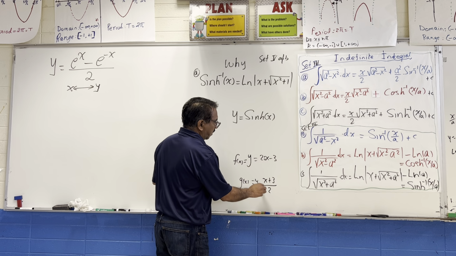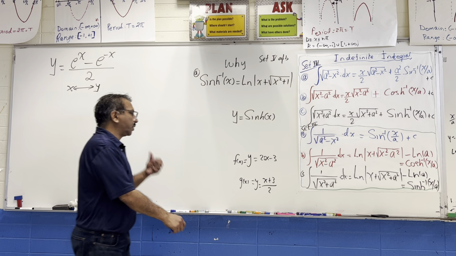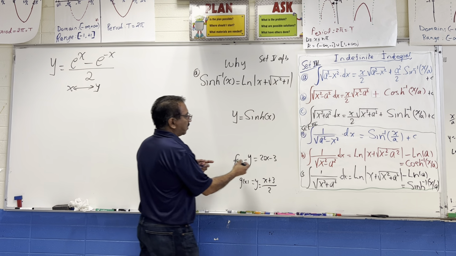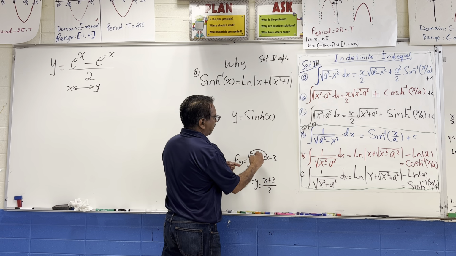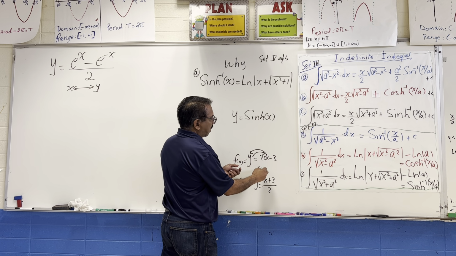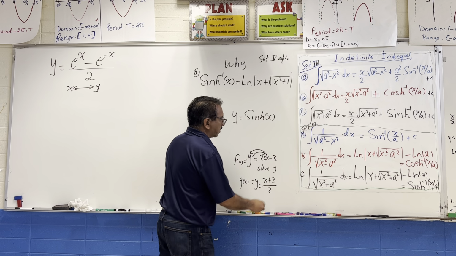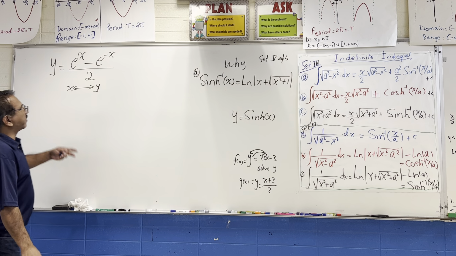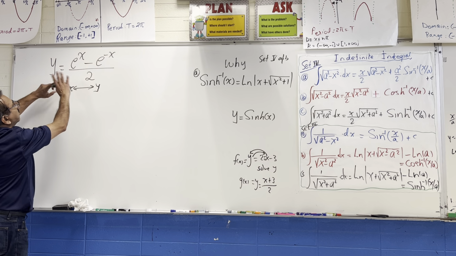So this is y equals x plus 3 divided by 2. Basically what you do is replace x and y, and then solve for y. The same idea is extended right here.